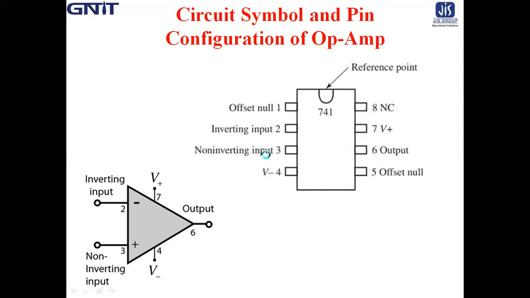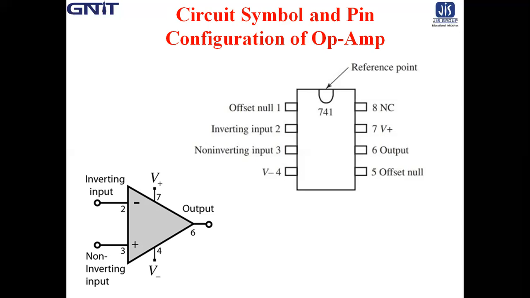Now, what is offset null for pin number 1 and pin number 5? The input offset voltage must be controlled to minimize offset. Since the op-amp is a differential amplifier, perfect balance is obtained in an ideal op-amp, since for two equal voltages the output should be 0.